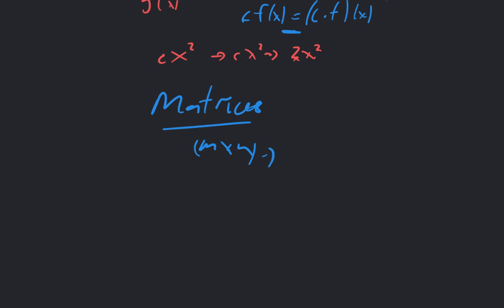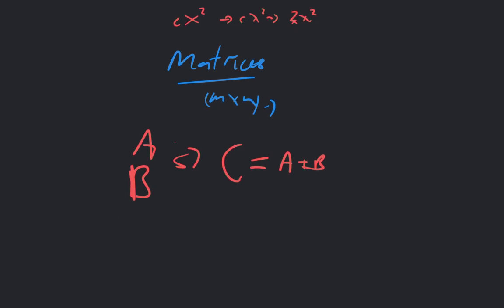If A is m by n and B is m by n, we could have C equal to A plus B, and that would be the matrices.